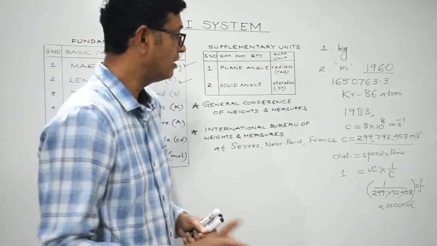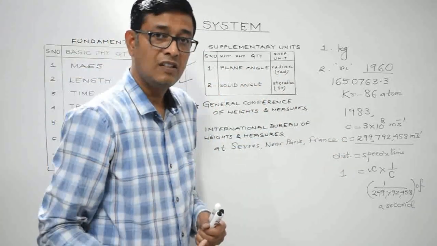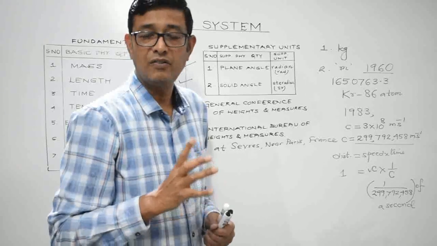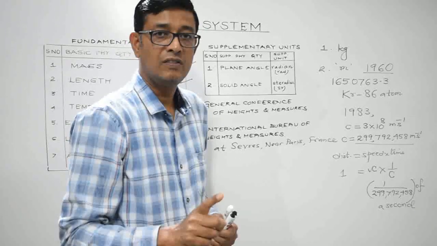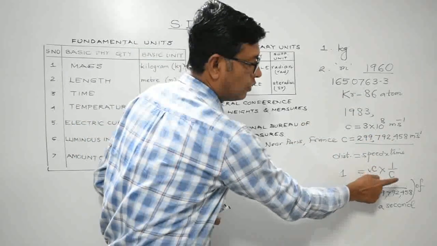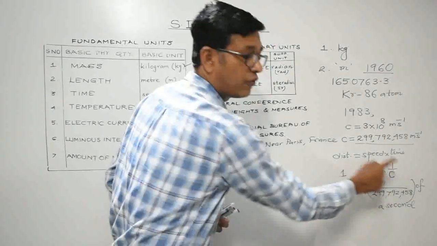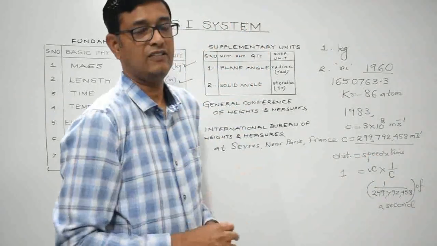So again I am repeating, 1 meter is defined as the distance covered by light in air or vacuum during the time interval 1 by 299,792,458 of a second.